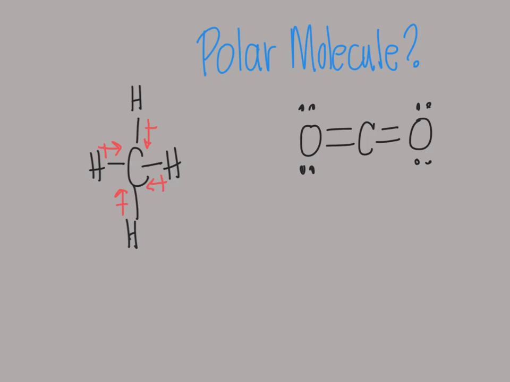Each bond in the CH4 is slightly polar, but the whole molecule is nonpolar because they cancel each other out. You have 4 equal and oppositely pulled bonds, so there is no net pull.